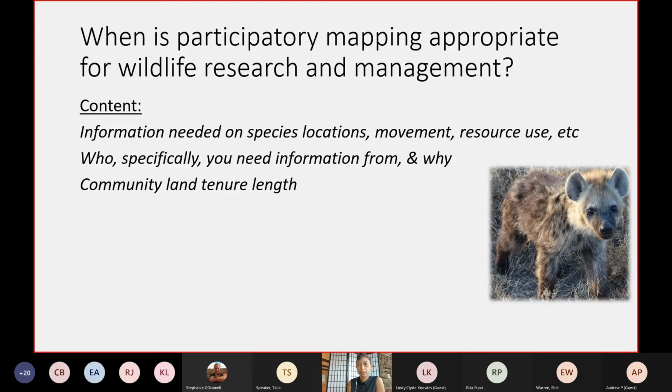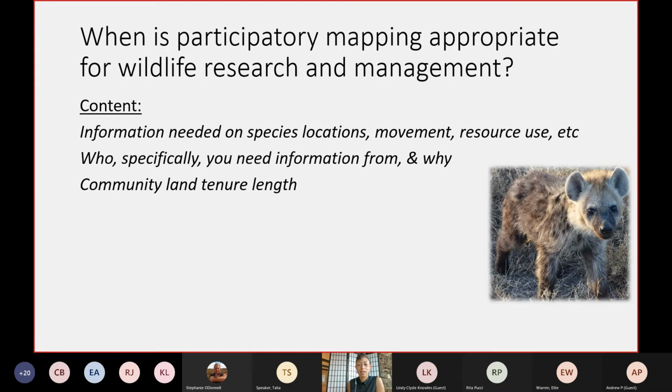So community land tenure length can be really important for participatory mapping in general, but especially for wildlife research and management. If you have people that have lived on the land for generations, they're going to have a completely different relationship to the land and to its wildlife and its resources than people who have just moved in.